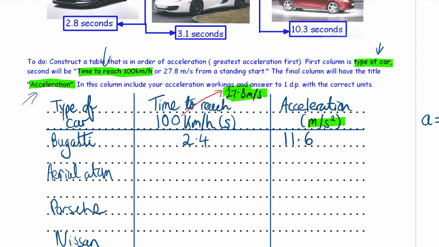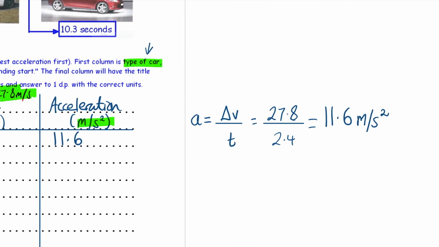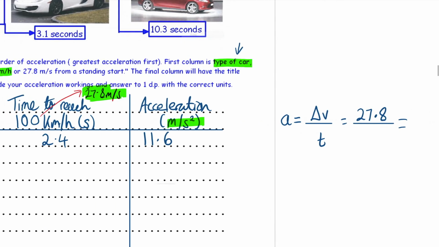I'll do one more. So all I'm doing here, I'm using the same equation. Obviously have the same units. The difference is going to be the time, not the velocity. So that change of velocity is going to be the same for each car. What's going to be different is the time.